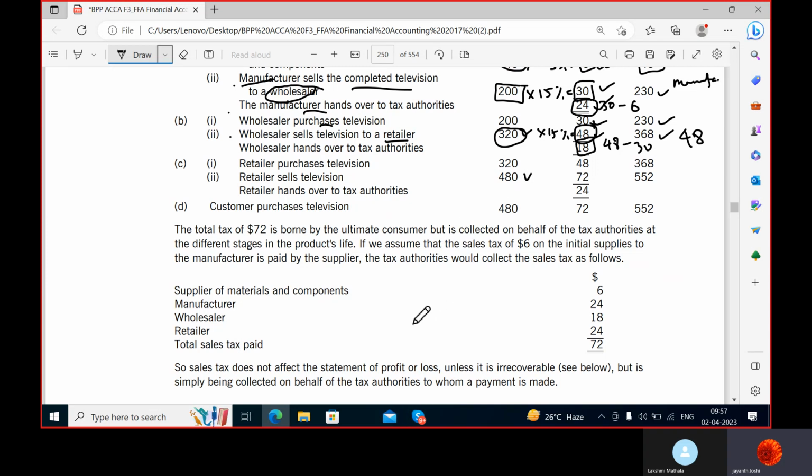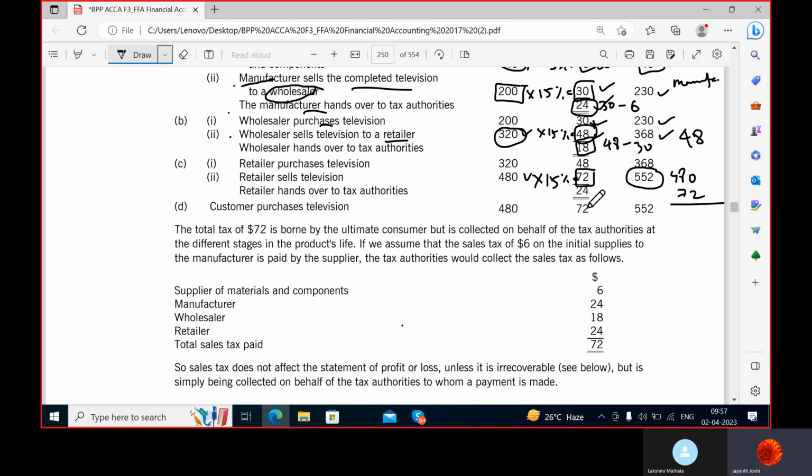In this 480, 72 is the amount of sales tax, since 480 into 15% is 72. So 72 will be the sales tax paid by the customer. The customer is paying a price of 552, which comprises 480 as the price of the television and 72 as the tax.